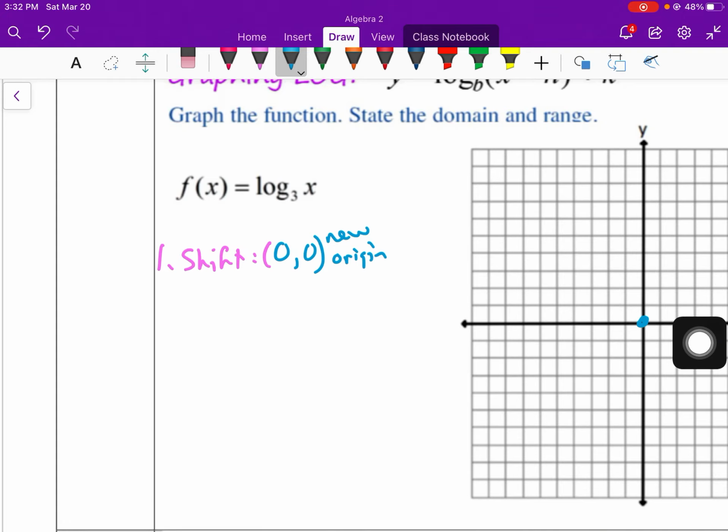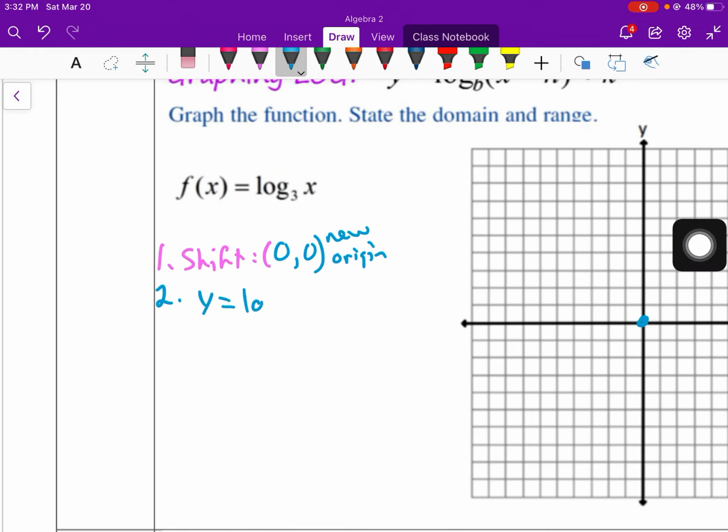Your next step, number 2, is rewrite it so that it's y equals log base 3 of x. And now do those steps like we did in yesterday's lesson, or the review, to find the inverse. So it becomes 3 to the power of y, we want it as an exponent, equals x.